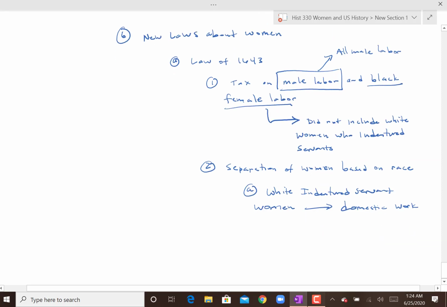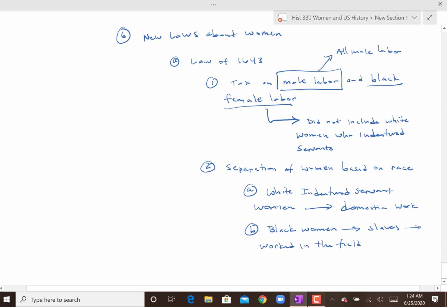But we know early indentured servants, right? White women worked in the fields. And then it was separated in saying black women who were deemed as slaves, right, that they worked in the fields. And why we know this is because they were only taxing what was seen as profitable labor.